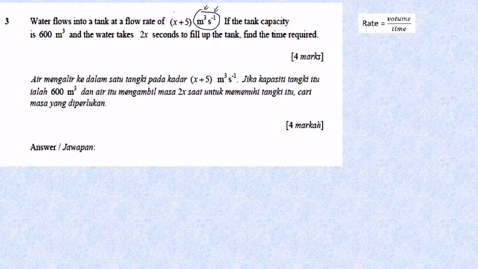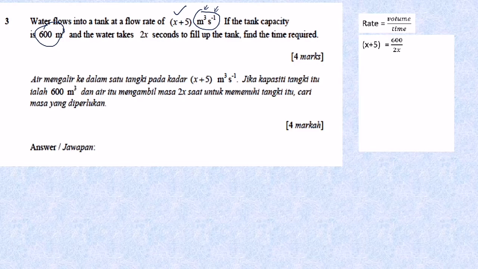Okay, so now we fill in the figures into the formula. The rate is s plus 5 equals the volume, 600 meter cube, over the time, 2s. So s plus 5 equals 600 over 2s.